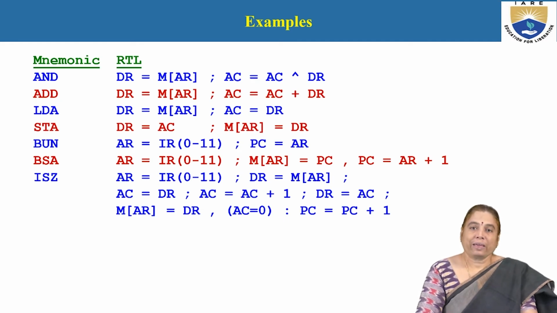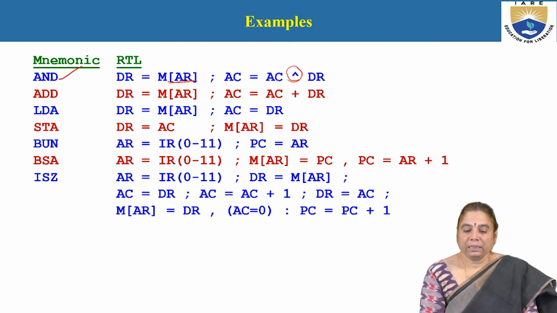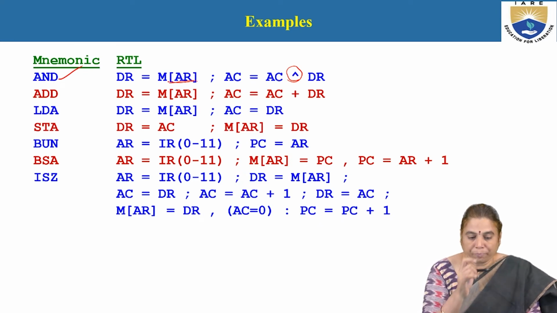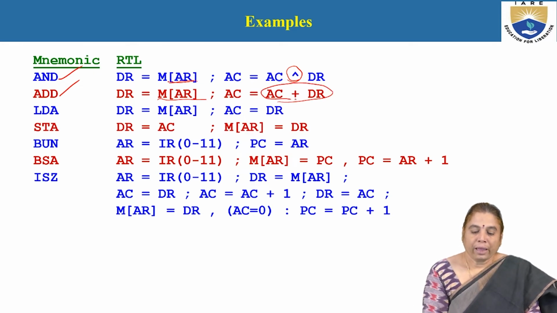How can these instructions be applied in assembly language? The first one is AND. Whatever memory location is pointed to by AR, the content from the memory is fetched and an AND logical operation is performed with the accumulator. In the RTL, this is the operation that is specified. Next is ADD. In this case, the content of the memory is added with the accumulator. LDA: the data register value is moved to the accumulator.